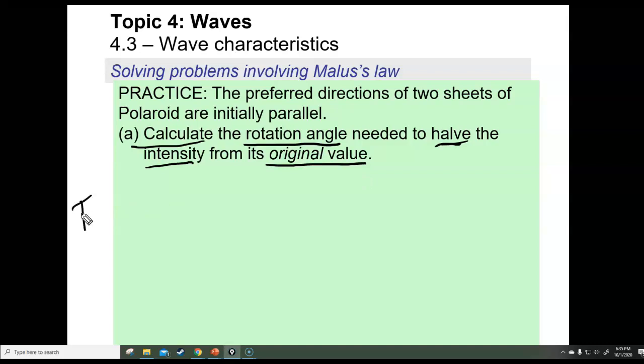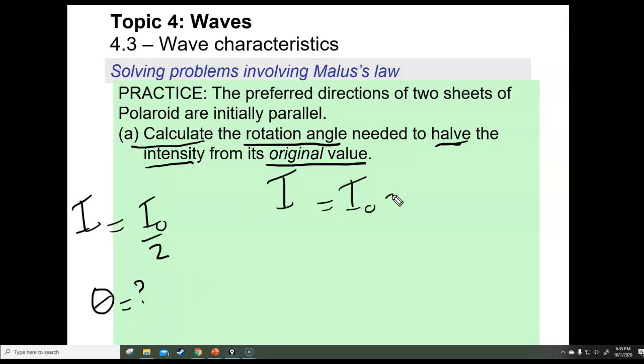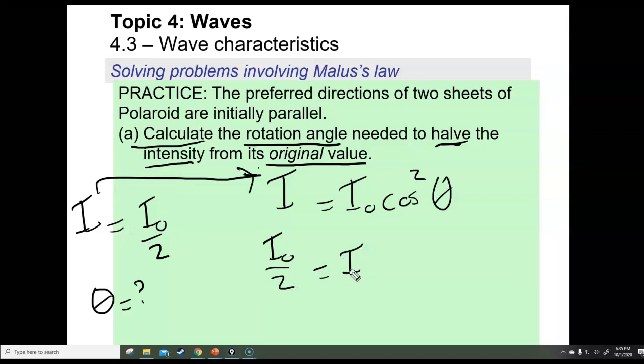What that means mathematically is we want I to be I0 divided by 2. So we want the angle that's going to make that happen. Here's how we do this. We have Malus's law. For I, I'm going to plug in I0 over 2, because we want the angle that's going to cause the intensity to be reduced by half.